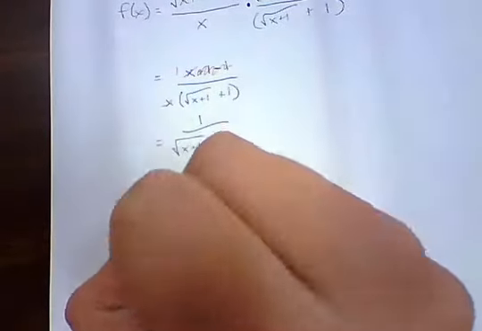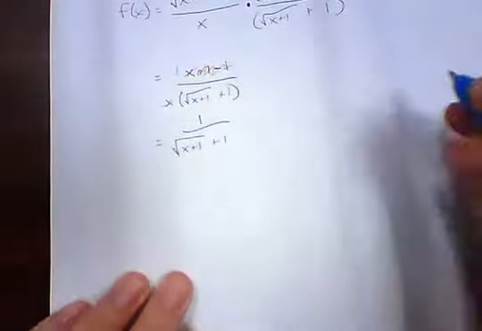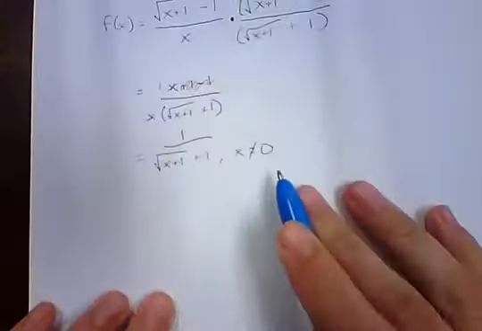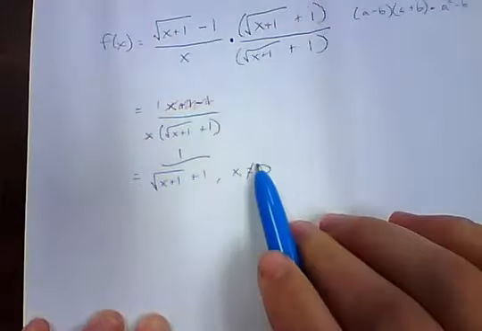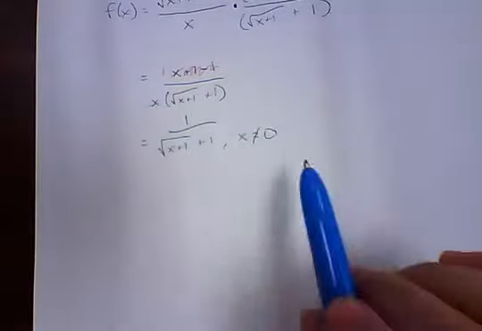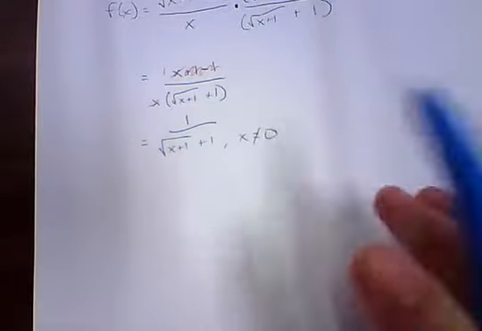What we can say is, we need to specify something here. We need to say that x is not equal to 0 because of what we originally started with. We could not have 0 on the bottom. Okay, that's important. That means that we're going to have that hole there at x equals 0.